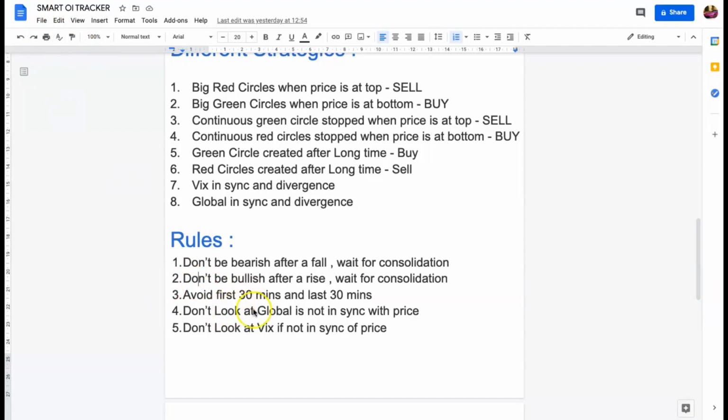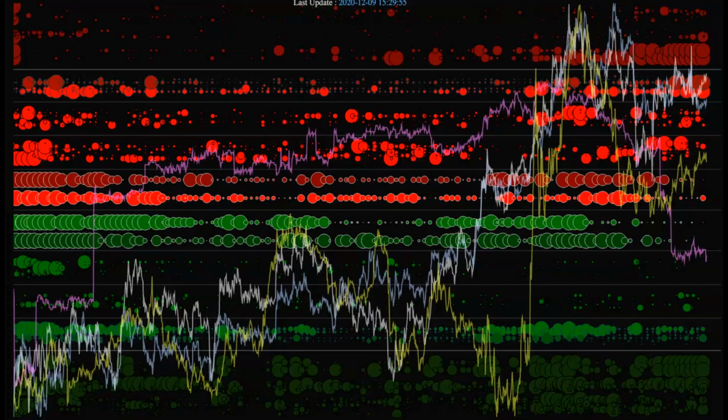The next rule is don't look at the global if it is not in sync with our Indian market. Some days, the global market will be moving in one direction and our Nifty will be moving in another direction. If you look at the first 1 hour or 30 minutes, you will be able to know.